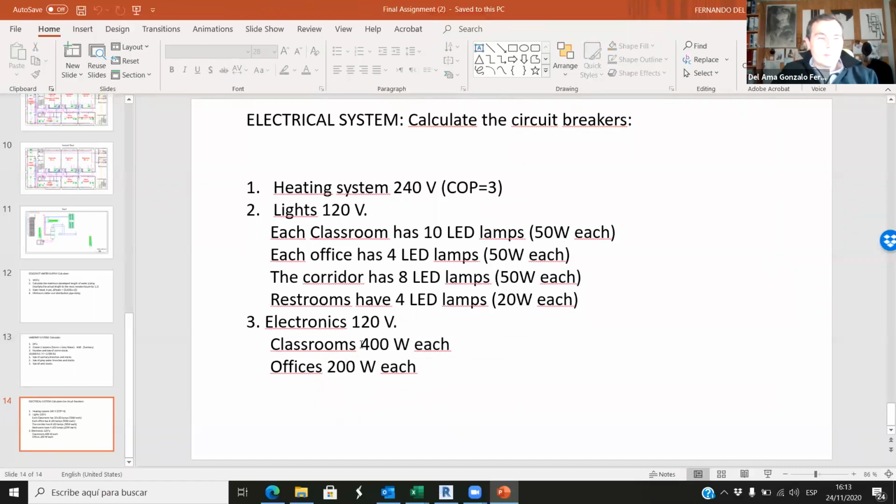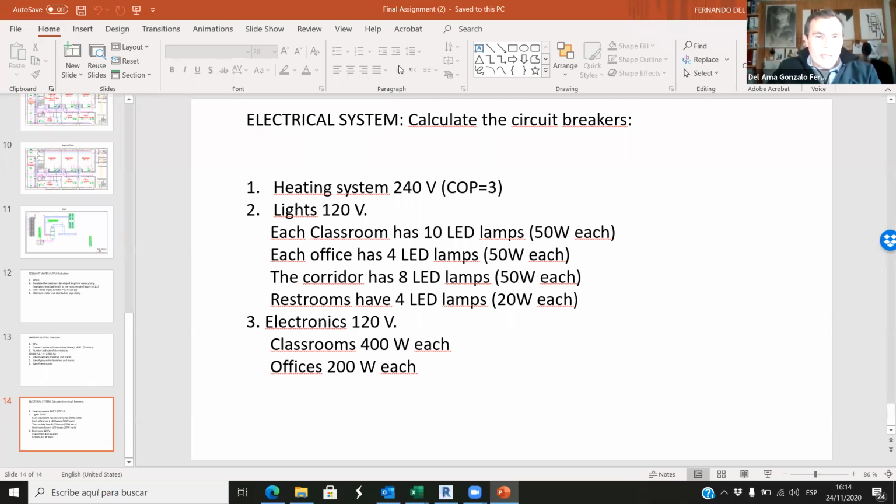Again, how many classrooms? 3 classrooms times this is 1200 plus offices. At least we have to divide between electronics on the first floor and electronics on the second floor. But we can have electronics, first floor, classrooms, electronics, first floor, offices, electronics, second floor, classrooms, electronics, second floor, offices, and so on and so forth.